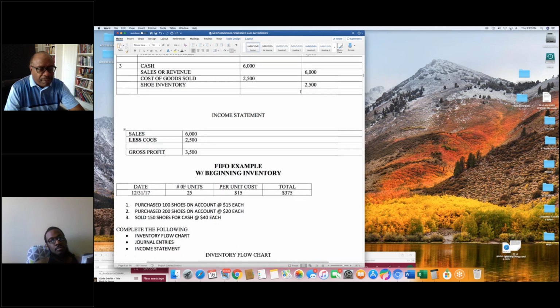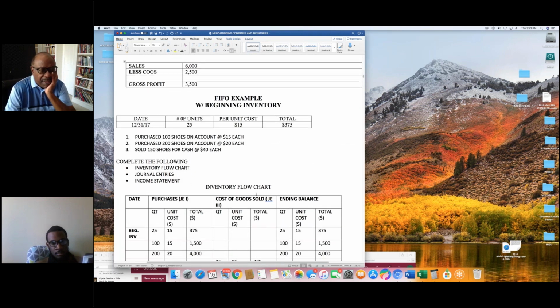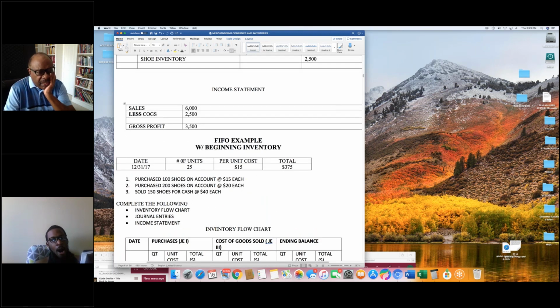All right. Somebody said, well, let's have an example where we have some beginning inventory. So we have beginning inventory, 25 units at 15, then we purchased 100 at 15, then we purchased 200 at 20, then we sold 150 for 40.